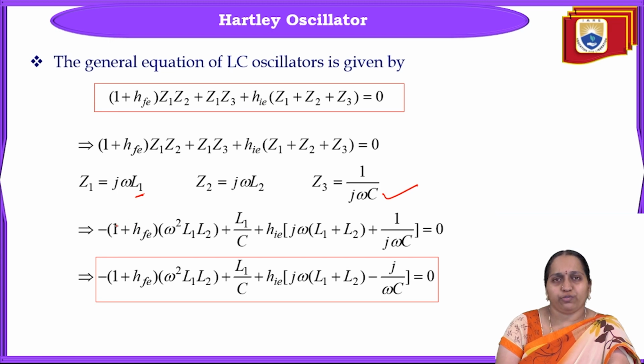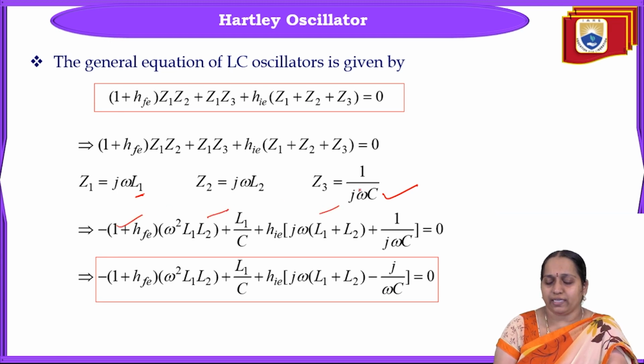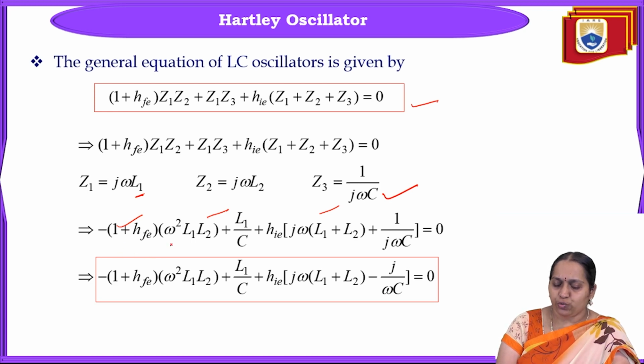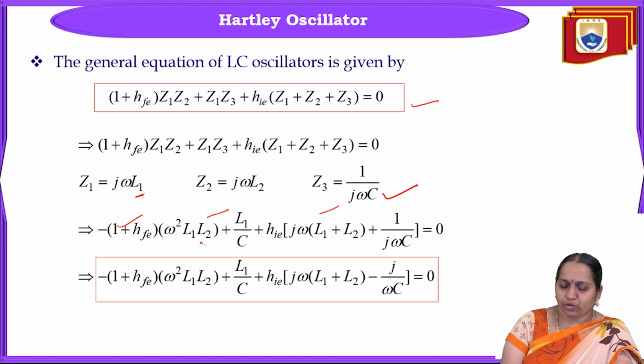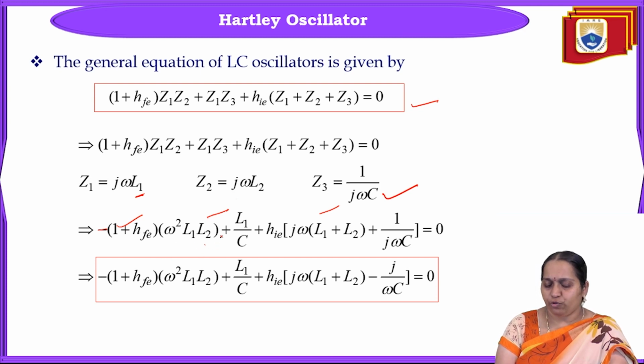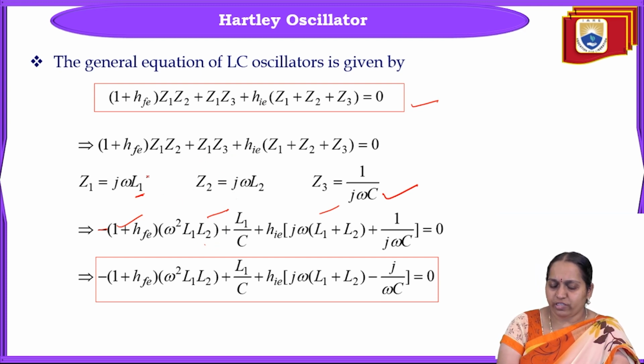Now substituting all these values of Z1, Z2 and Z3 in the general equation: minus of 1 plus HFE into J omega L1 times J omega L2. The product of these two will be J square, which is minus 1, so it is minus omega square L1 L2. Then Z1 Z3: if you multiply these two, J omega gets cancelled, and you will have just L1 by C. Plus HIE into Z1 plus Z2 plus Z3.